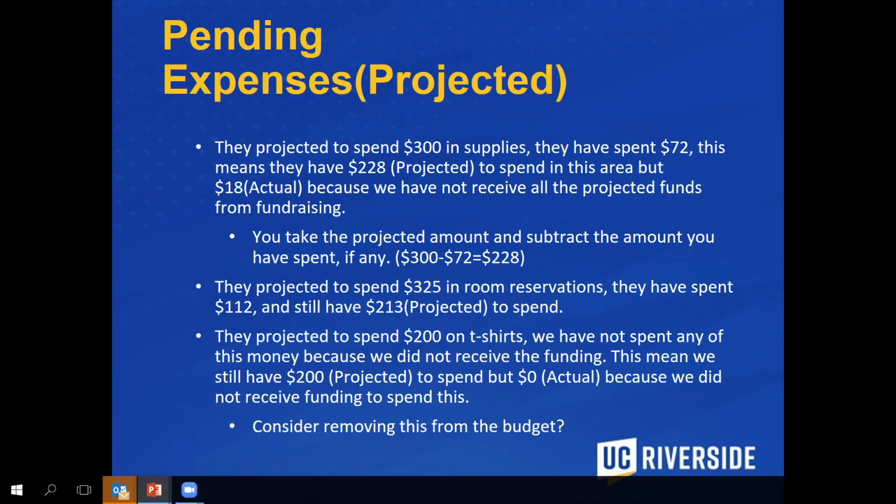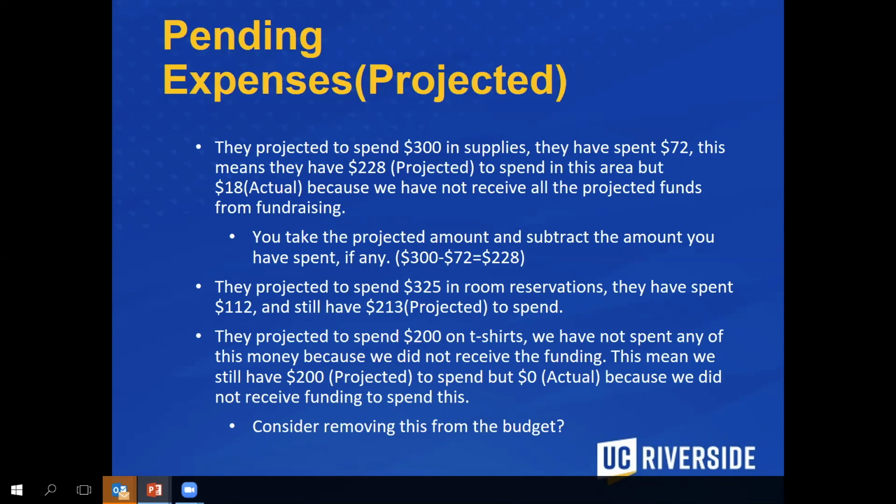So you take the amount you project and you subtract the amount you have spent, and that'll give you your total. So they projected $300, they've spent $72, and they have $228 projected to spend in this area. In the next area, they projected to spend $325 in room reservations. They have spent $112 and still have $213 projected to spend.